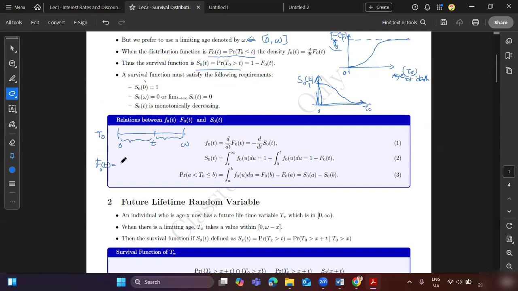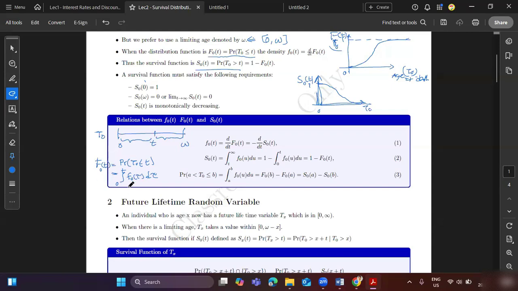This is the probability that T naught is less than t, and this probability is taken from 0 to t of f naught. You can use u or any other variable, because we have used t here, so we cannot use t inside the integral. That's why I use tau here. It will eventually give you this probability.